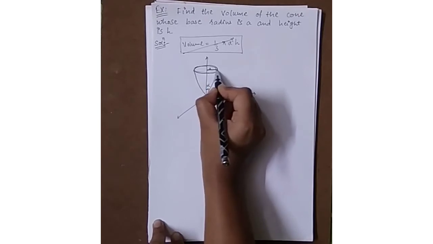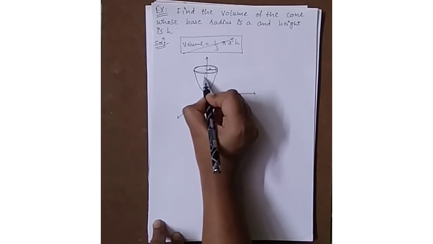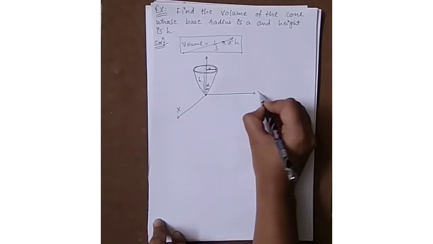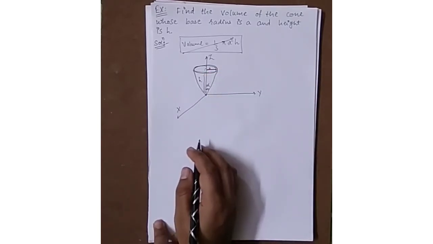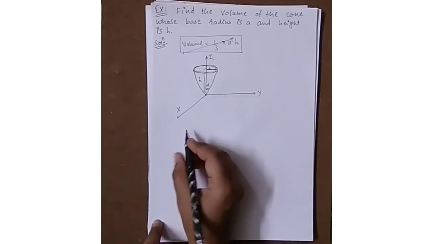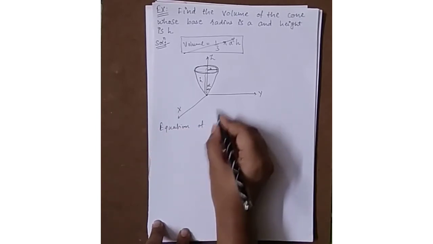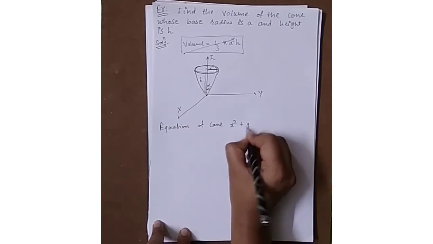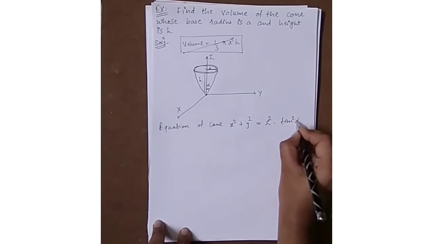This is a, and the height is h. My coordinate axes are x, y and z. So we know the equation of this cone: x square plus y square is equal to z square into tan square alpha.